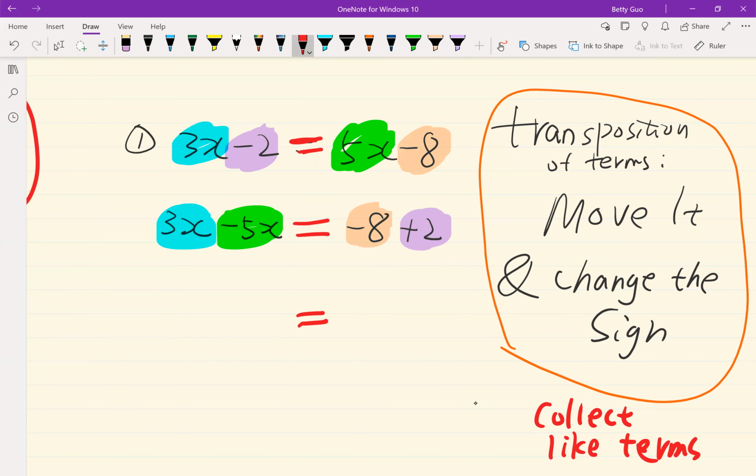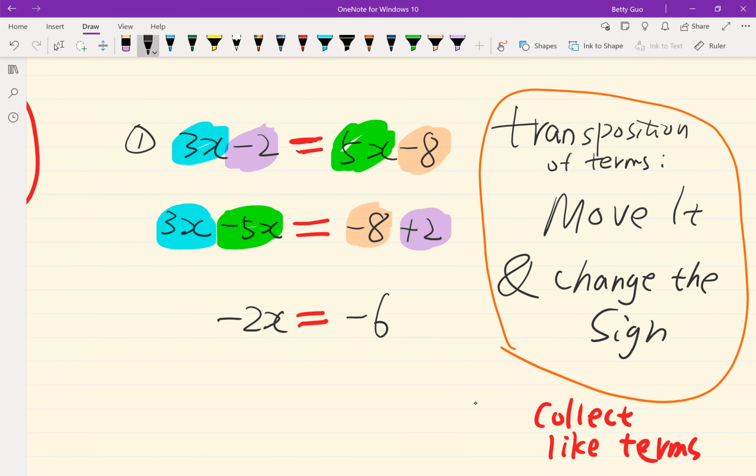3x minus 5x. You tell me. Perfect, thank you. -2x. Do you agree, everyone? Okay, right-hand side, -8 plus 2. -6, very good.